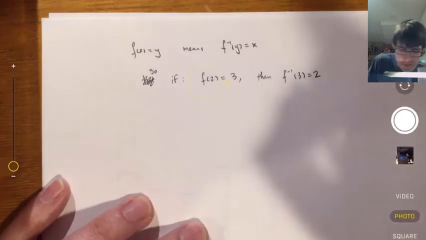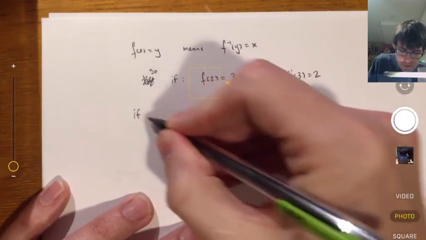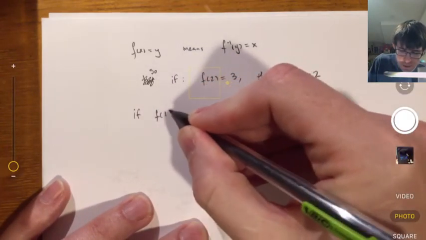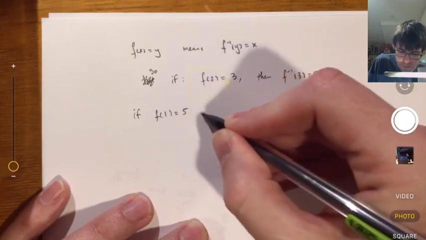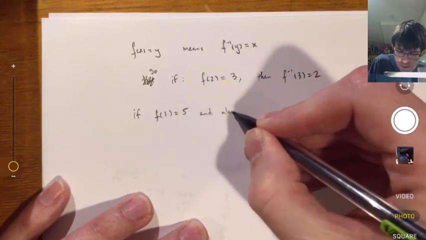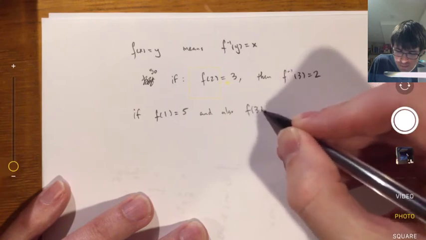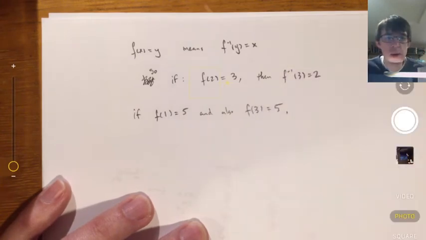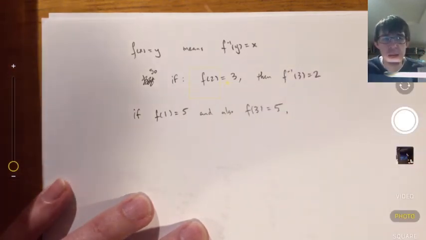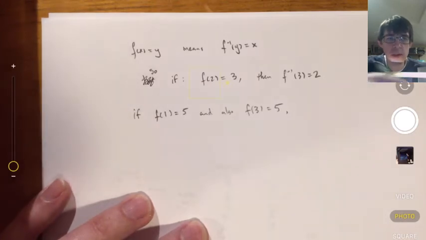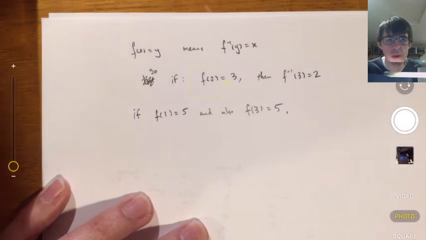There is a problem, though. If f of 1 equals 5, and also f of 3 equals 5, this is not a problem for f. It is possible to have a function f of x which acts this way. But this is a problem concerning the inverse.